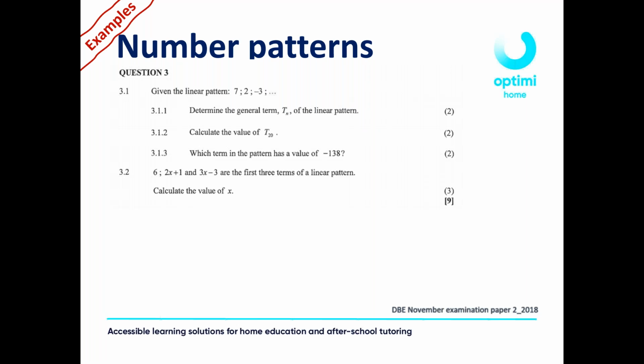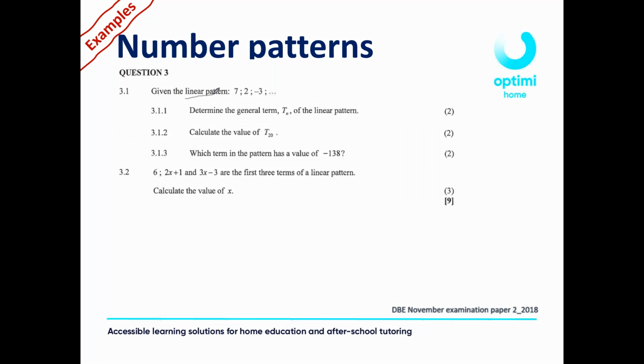So they have given you a linear pattern, and how very nice of them to actually tell me that this is a linear pattern. So they've given us 7, 2, and -3 over there. Please excuse my writing as I'm writing with the mouse at the moment.